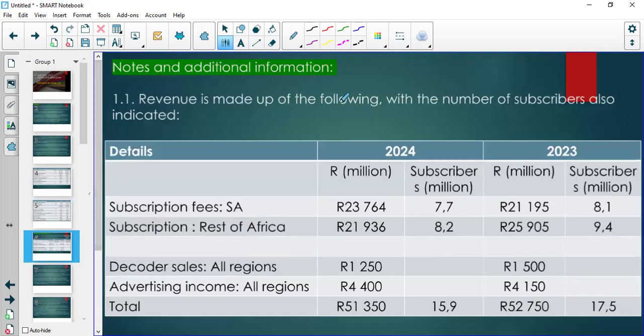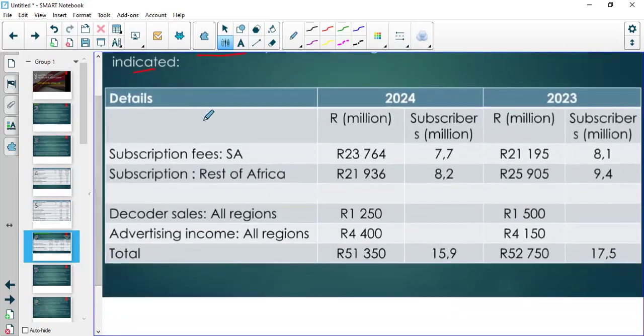So there is the revenue that has been broken down, the number of subscribers. So what could you have calculated here? And they say 6 is a lot. They must have said maybe 3. So this is 2023. This is 2024. Then they say we must do subscription fee related ratios only. So the subscription fees.